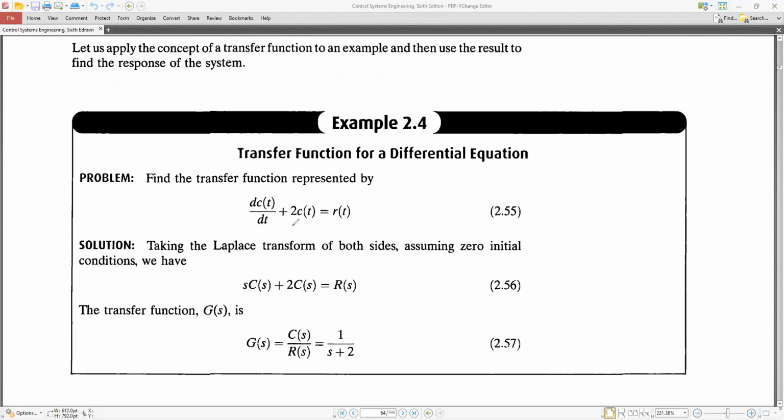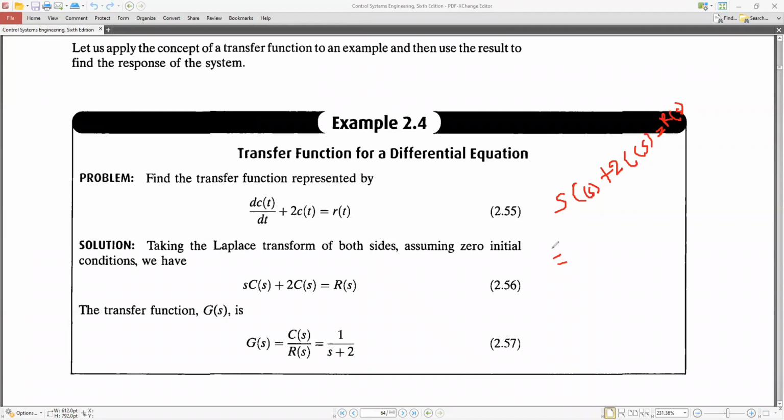Let me show you. At first, sC(s) plus 2C(s) is equal to R(s). What we have done is just take the Laplace transform on both sides.